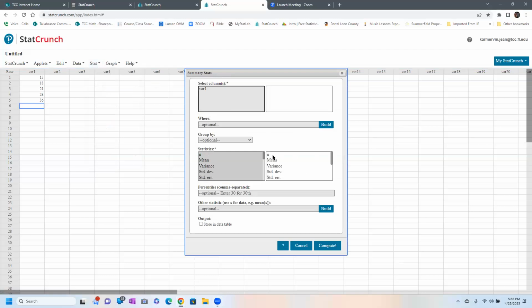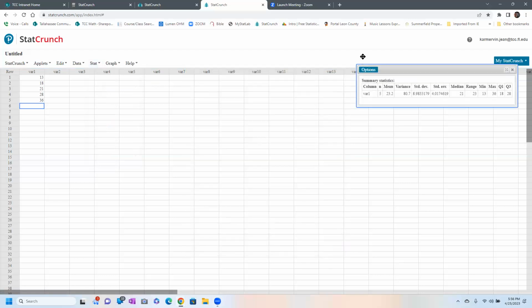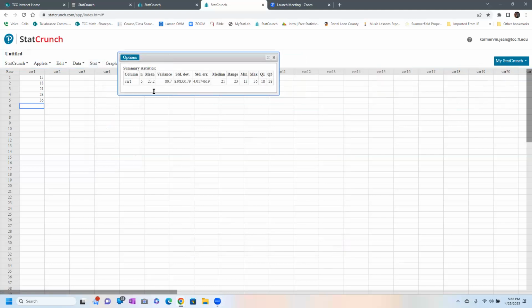We'd like to find the means, the standard deviation, and so on. You press compute. As you can see right here, it gives me the mean right here and the standard deviation over there.